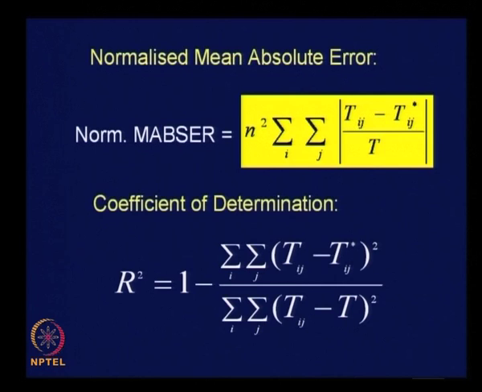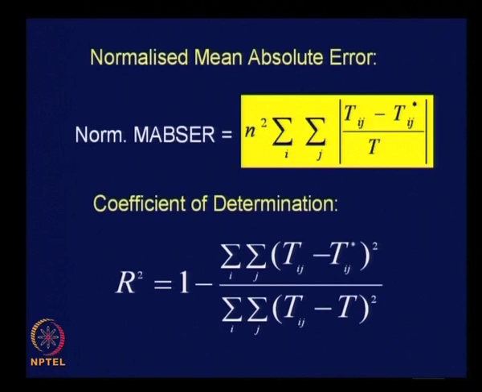T is the mean value, mean observed value. Okay. We have three statistical measures available for comparison. We can use any one of them or use all the three and then take an overview of the comparison and choose the alpha value which gives you the least error. Is that clear?